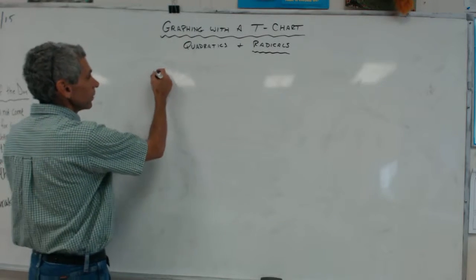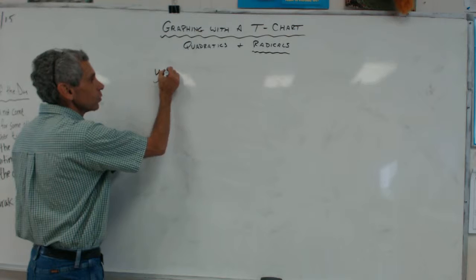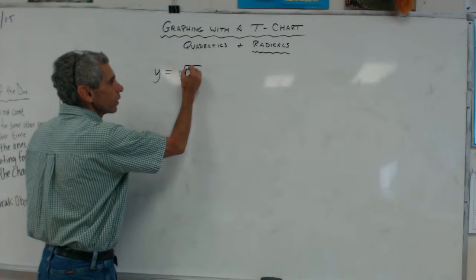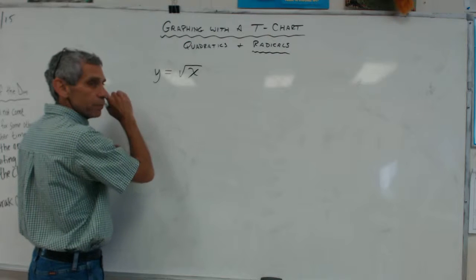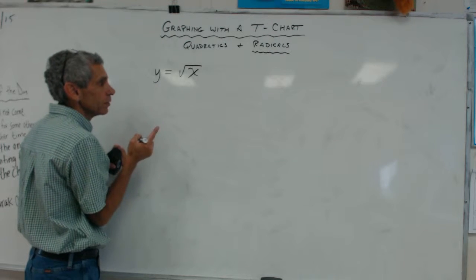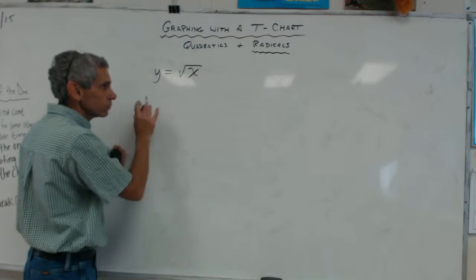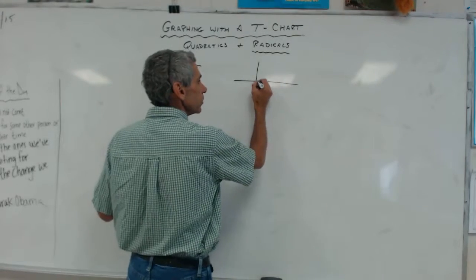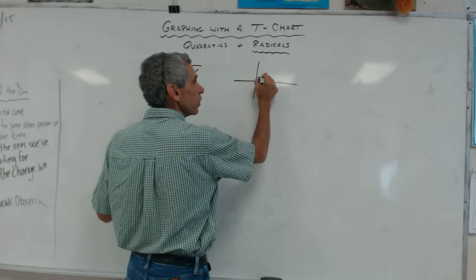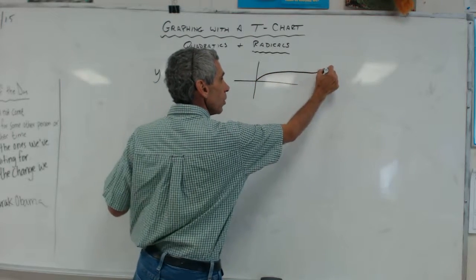So the other possibility is an equation like this. Y is equal to the square root of x, right? And that's going to look like this. If I had a graph, it's going to start here, and it's going to go up like this. It's always going to get higher.